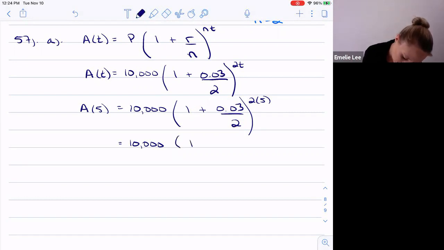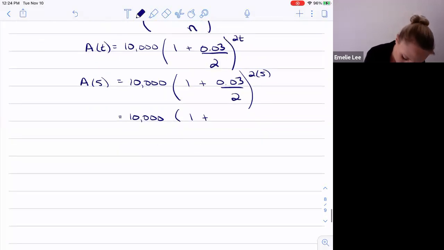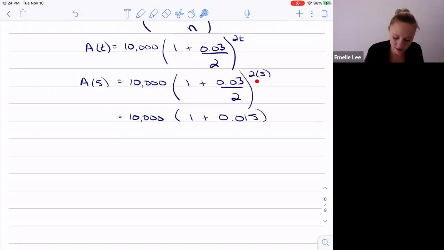Here, I get 1 plus 0.03 divided by 2. Use your calculator. 0.03 divided by 2 is 0.015, to the power of, and I'm just going to simplify, 2 times 5 is 10. But now I'm going to do 1 plus 0.015 before I go ahead and do this 10.